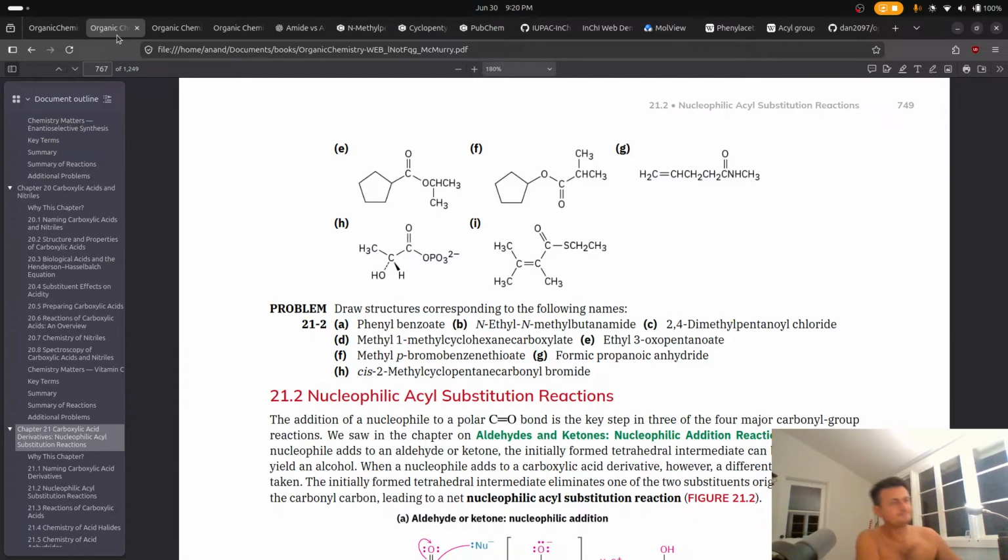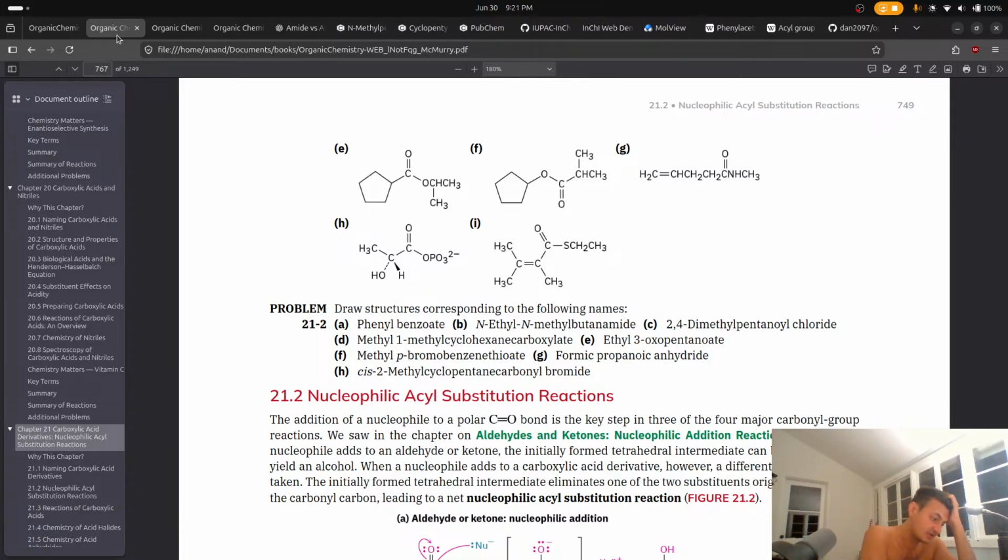Okay. What am I doing now? G. Formic propanoic anhydride. So, hold on. Formic acid. Okay, that's formic acid, or methanoic acid. Okay, then propanoic acid looks like this.